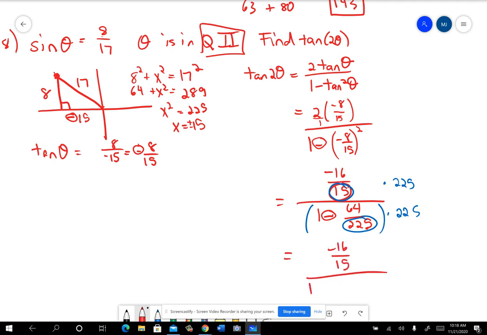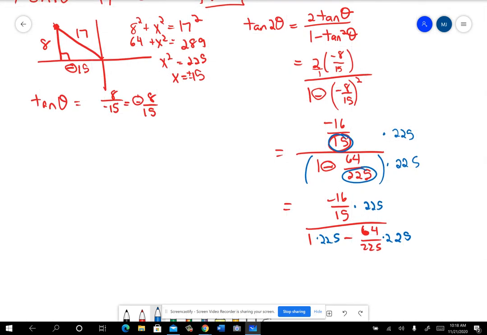So I'd do the 1 times the 225 minus the 64 over 225 times the 225. It has to get distributed. And then I'd multiply the top by 225. Normally, this is the first step I show because I know I'm going to multiply top and bottom by 225 and get everything distributed.